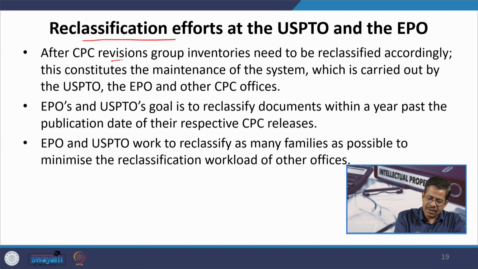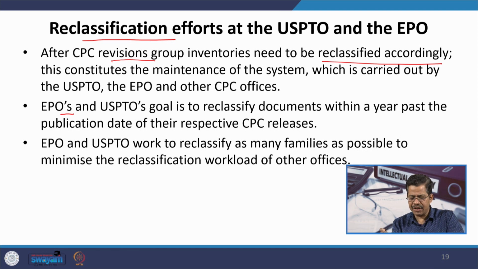As CPC has improved its scope, there is an effort at USPTO and EPO to reclassify their IP assets, so that you have good coverage of all the IP assets in the appropriate sections, classes, subclasses, etc.